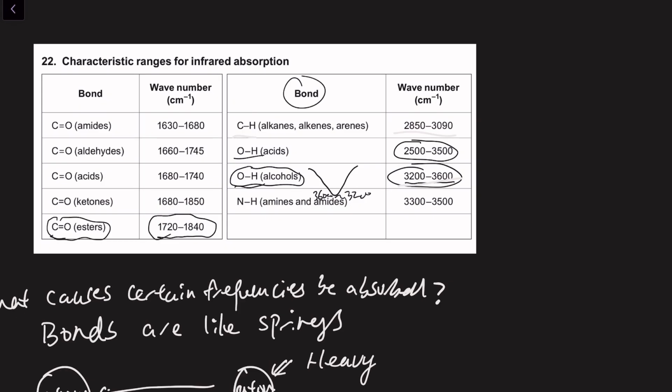And we have determined experimentally that, for example, the CO double bond for ester will absorb waves at this particular wave number. We can use this result from the experiment to deduce which functional group or which type of bond is present in the compound that we are investigating.